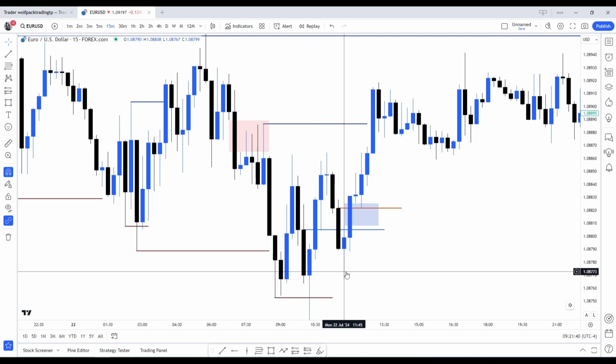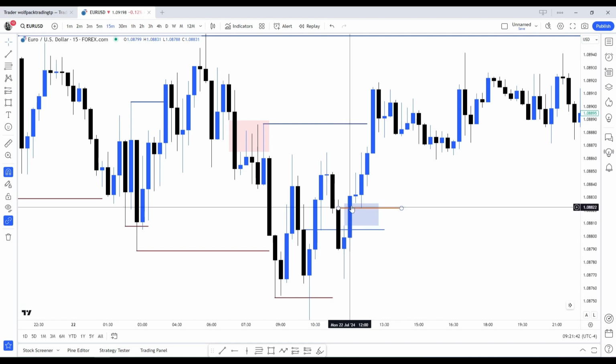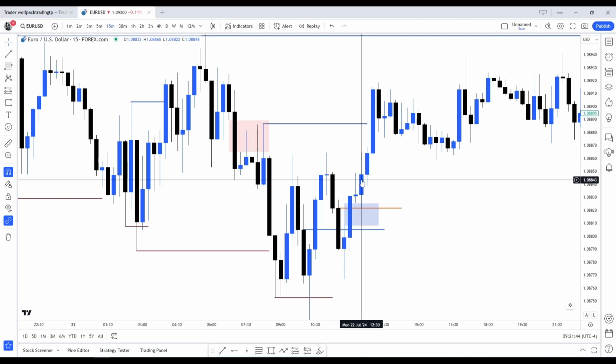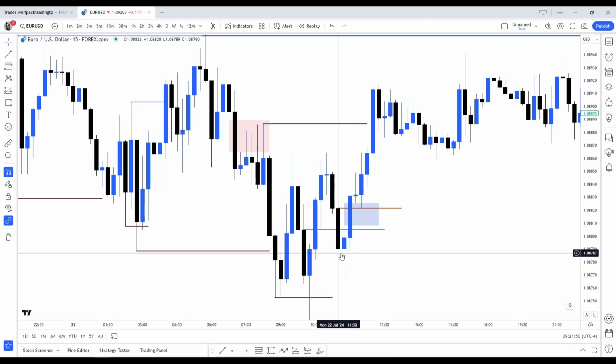That means after the propulsion block has formed here, once this candle taps, we get 2 intervals of the time frame the propulsion block is on.